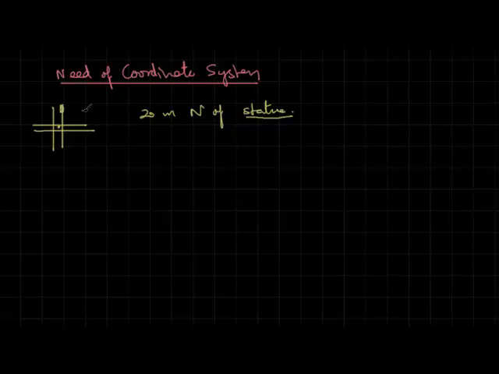So we still won't be able to reach this house if we don't mention the word statue. So in this case, this statue is a reference point. This is a general example from real life, but such reference points are needed to define the position vector, and that's where we need the coordinate system.